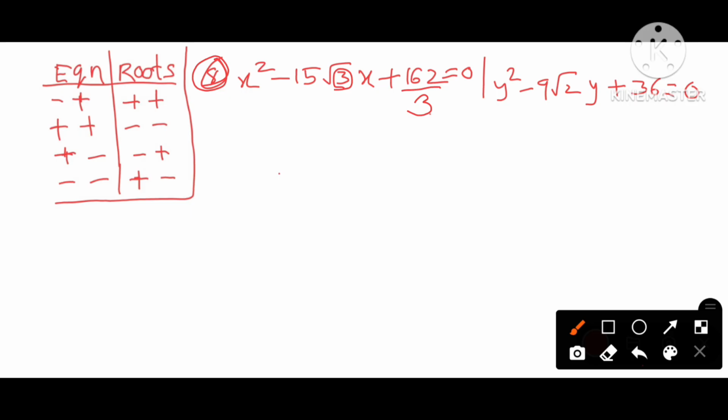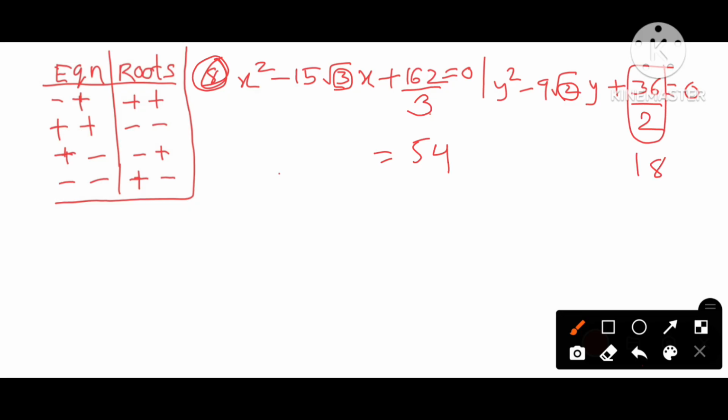Here the 2 is inside the root. Keep that 2 in the denominator of 36. So what we get here is 3 five times and 3 four times. For this one we get 18.